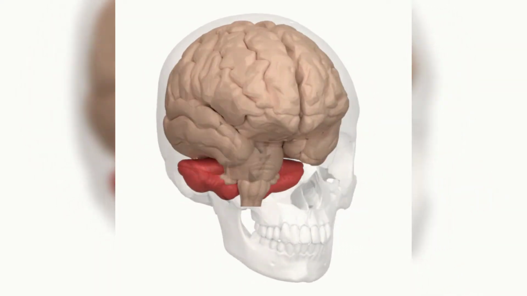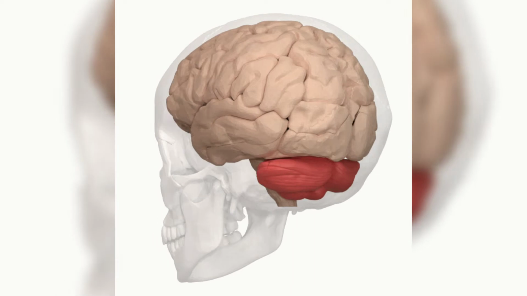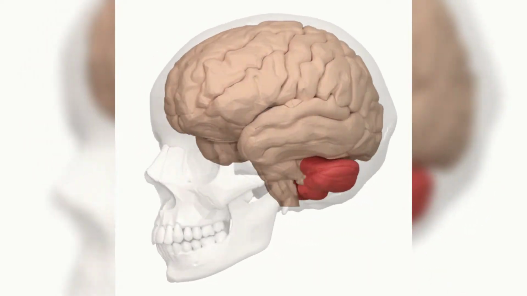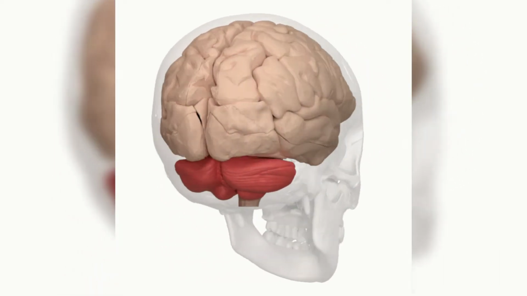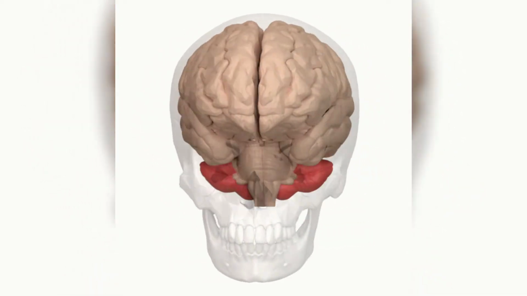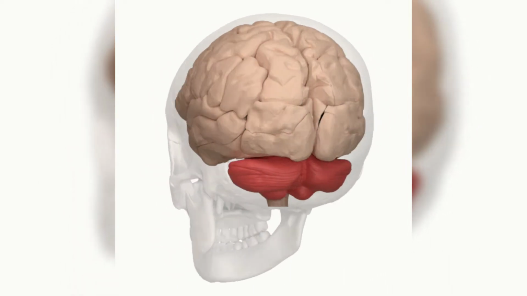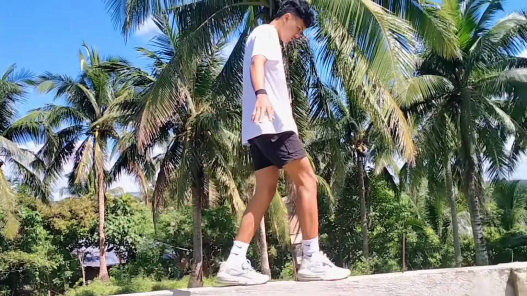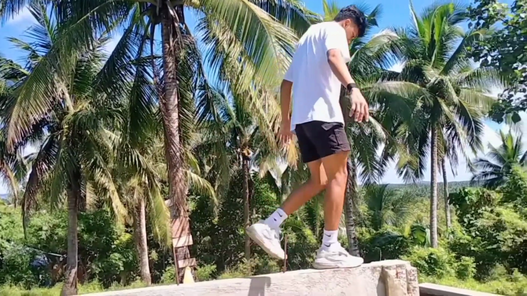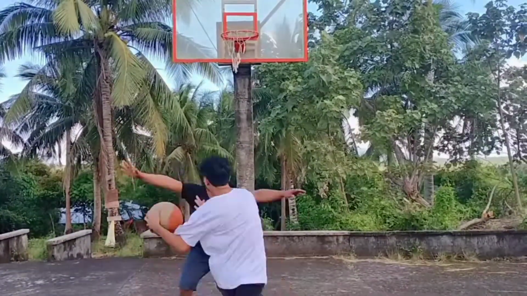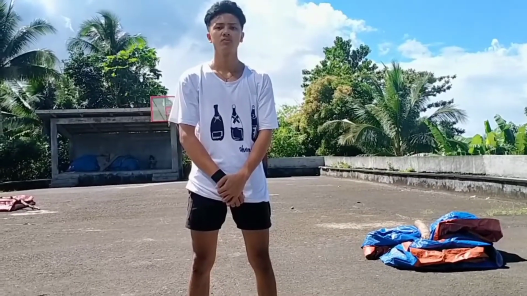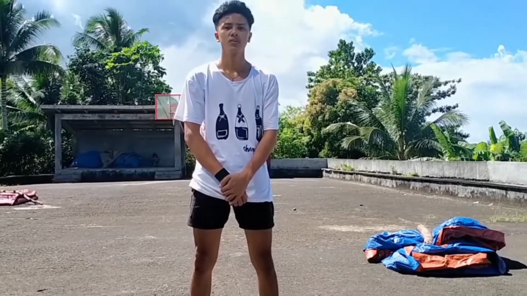So let us move forward to the second part of our brain, which is the cerebellum. This cerebellum is divided into two halves, and it is called the small brain. The main function of this cerebellum is motor control, like balance, coordination, posture, and timing.